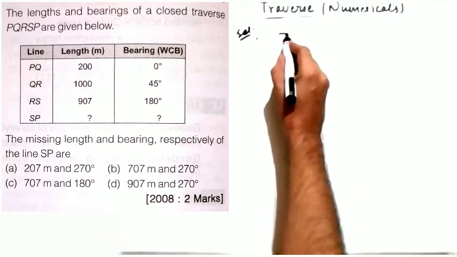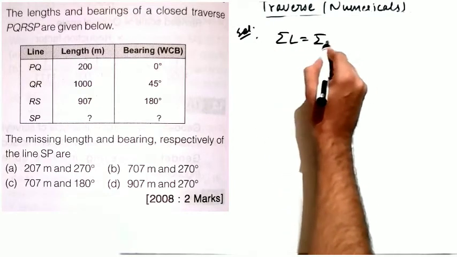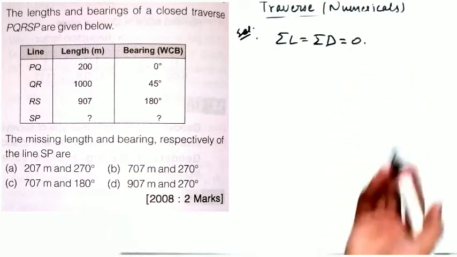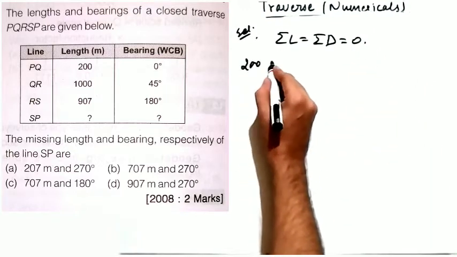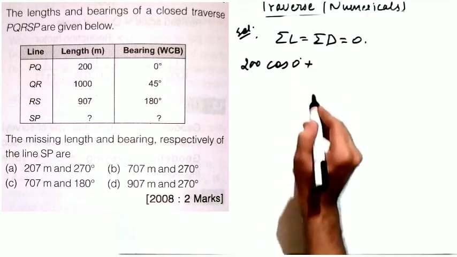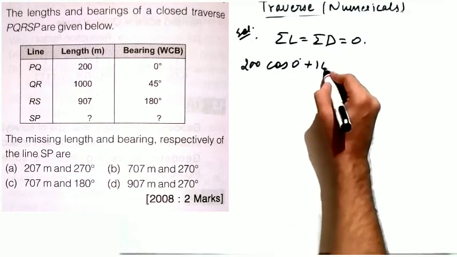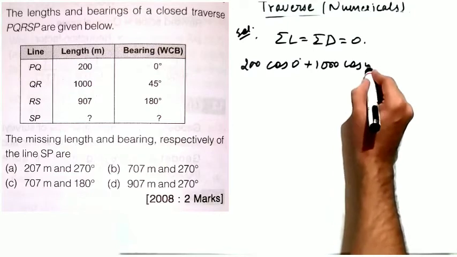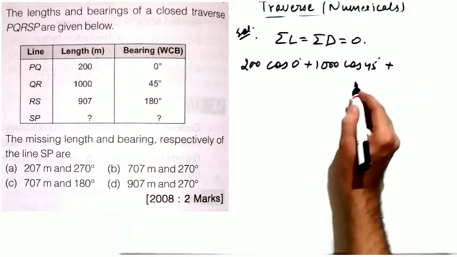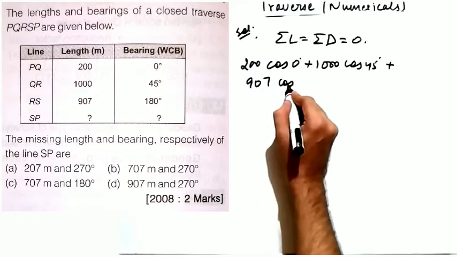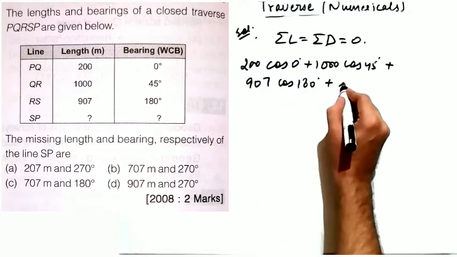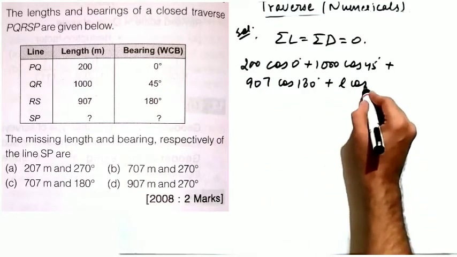You know, for a closed traverse, sigma L equals sigma D equals 0. So just apply these two equations. The first equation will be 200 cos 0 degree plus 1000 cos 45 degree plus 907 cos 180 degree, plus let us assume the missing length as L and missing theta as theta.